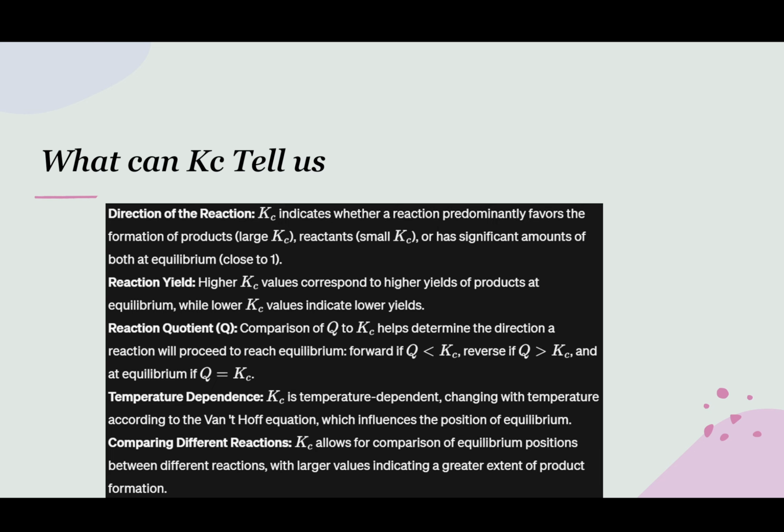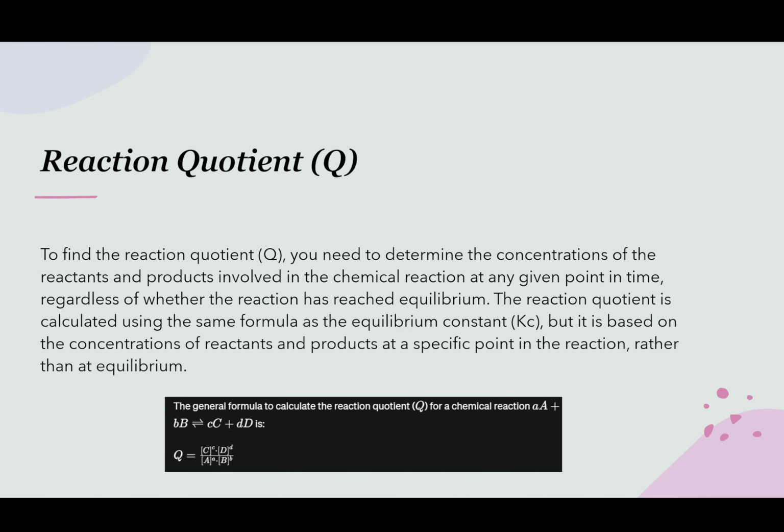Alright, in the interest of time, let's move to the reaction quotient. To find the reaction quotient Q, you need to determine the concentrations of the reactants and products involved in the chemical reaction at any given point in time, regardless of whether the reaction has reached equilibrium.